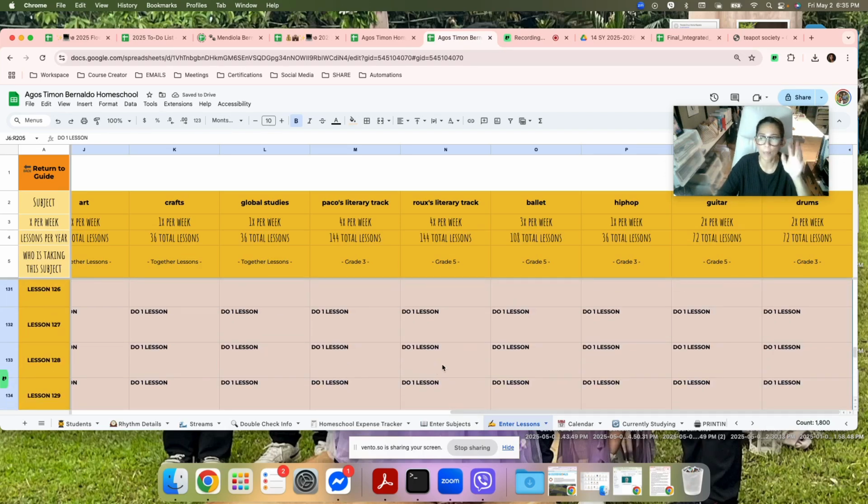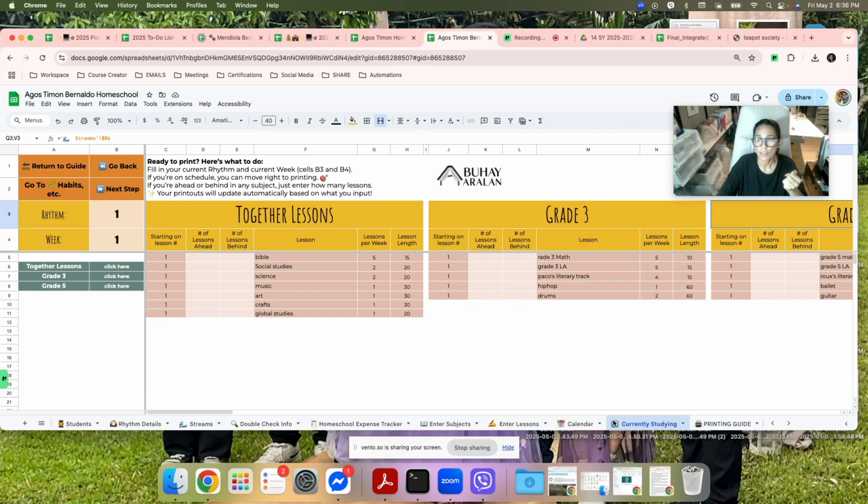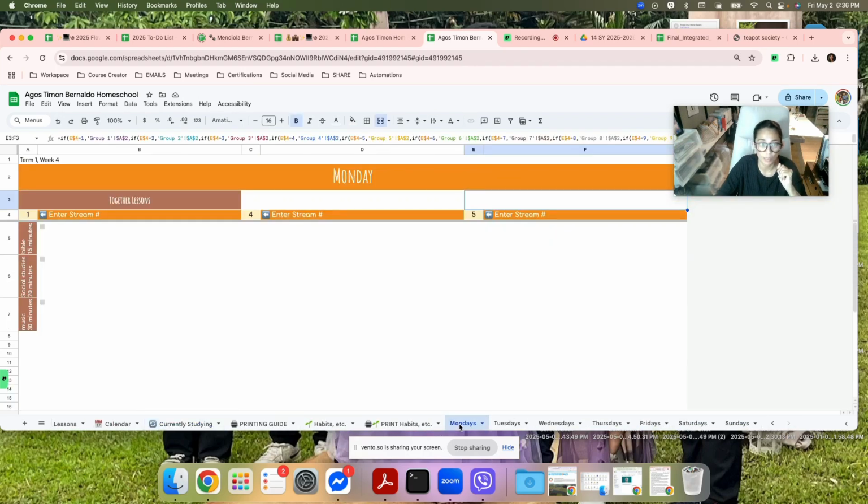Okay, so for example, I've already written down unique lessons for each, okay? Just for the benefit of showing you how it will look like, okay? For example, you are on week 8 and week 4 of your first cycle. Sometimes also you can put here when you're ahead or behind. It's going to reflect the lessons automatically here.